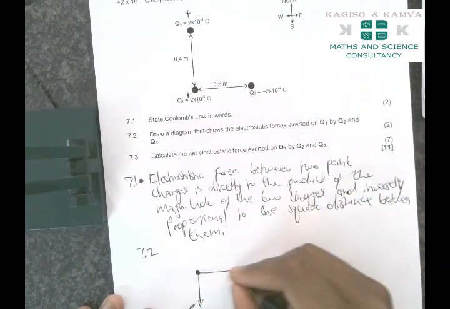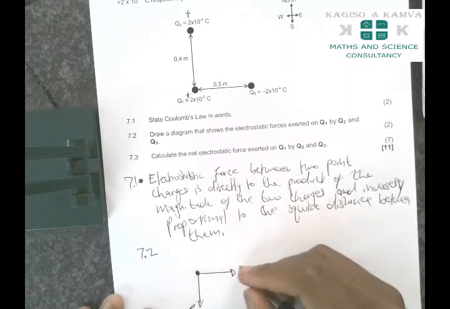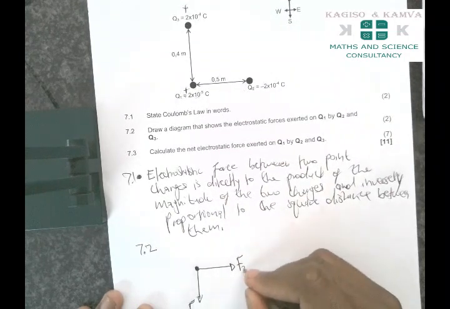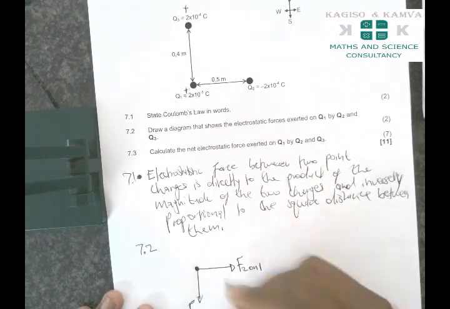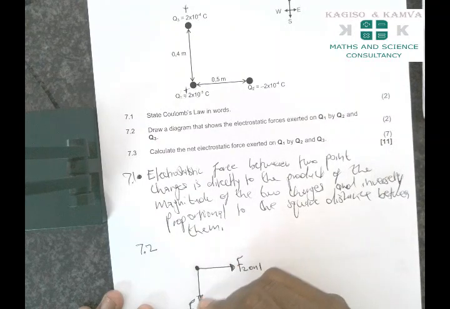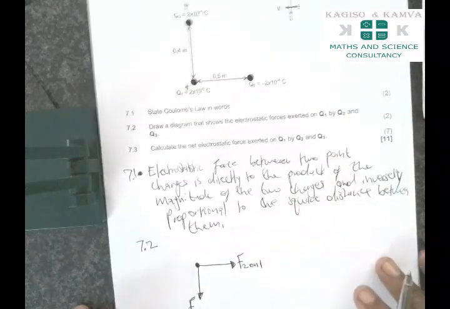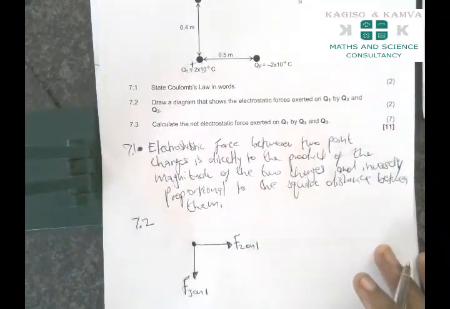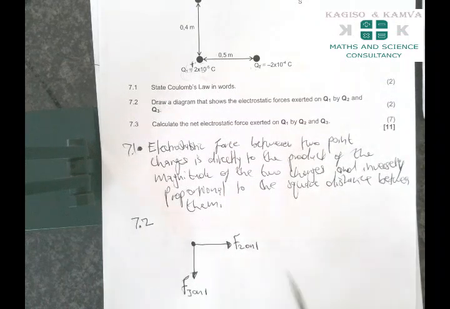It will take this direction, and we label it as F2 on 1. Are we together, good people? Now this is a free body diagram. If you are asked to draw a diagram, you can always do a free body diagram. Is everyone with me, good people?